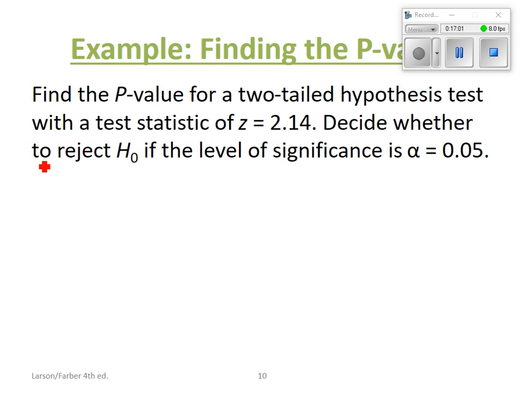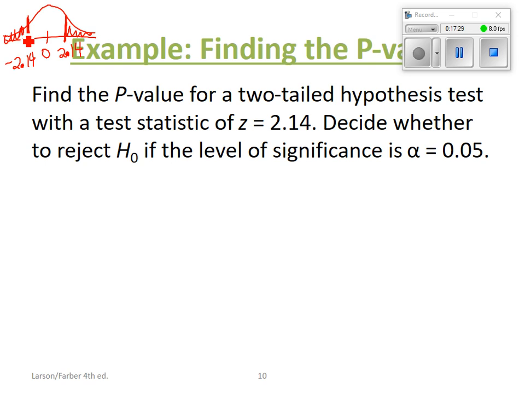Next one, find the p-value for a two-tailed hypothesis test. Now, me and the book sort of disagree on this. Two-tailed, and our z-score is 2.14. So that means we're going to be out here somewhere at 2.14. What's the other end going to be? Negative 2.14. And what do we know about these two areas? They say look up the 2.14, which means you got to flip to the second page.